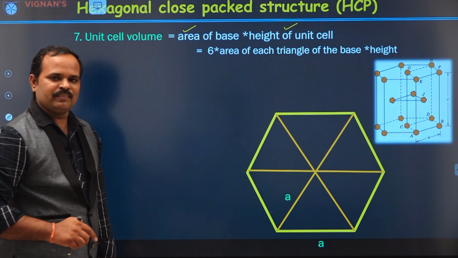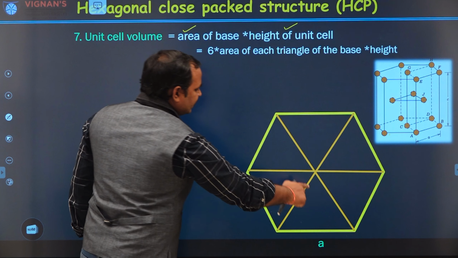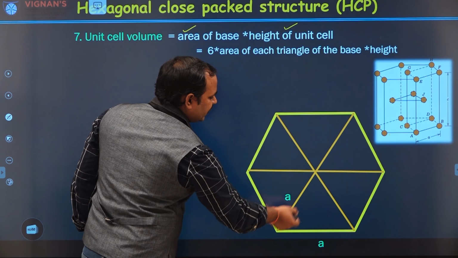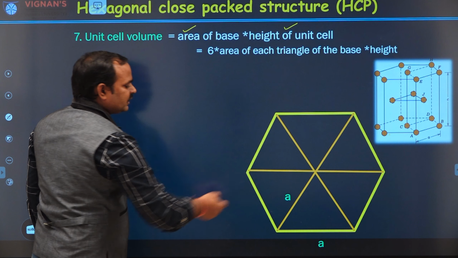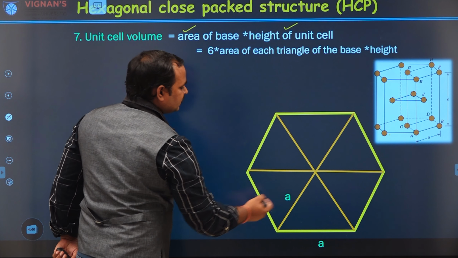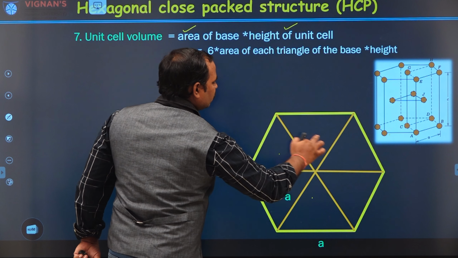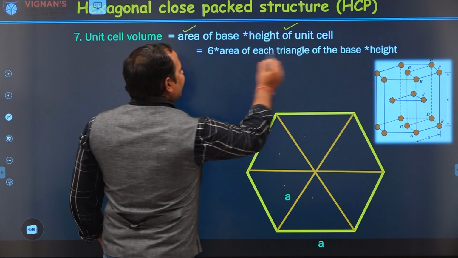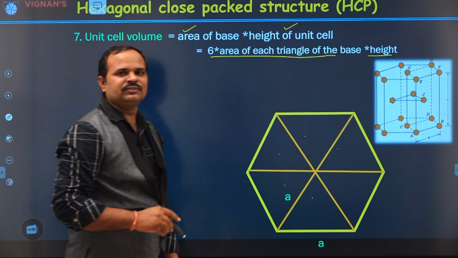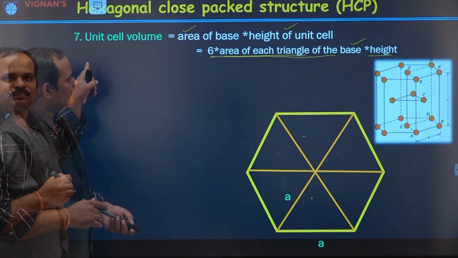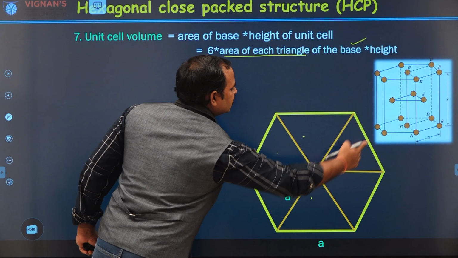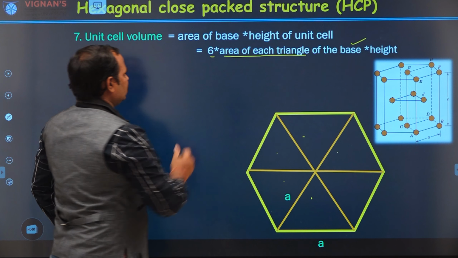Now, what is the area of this base? The base looks like this. This is the hexagonal base. You can see this base can be divided into 6 equilateral triangles. The side of each triangle is a, because that is the lattice parameter. There are 6 triangles: 1, 2, 3, 4, 5, 6. So 6 into the area of each triangle into the height of the unit cell gives the volume of the unit cell.